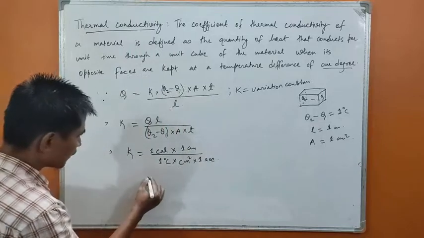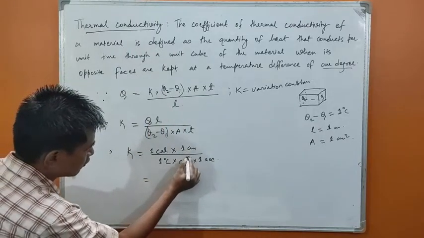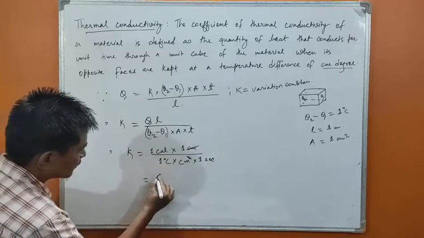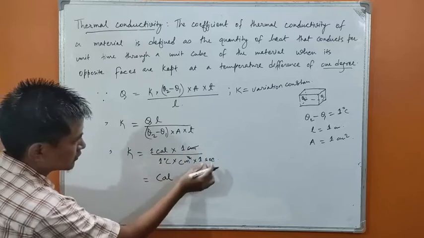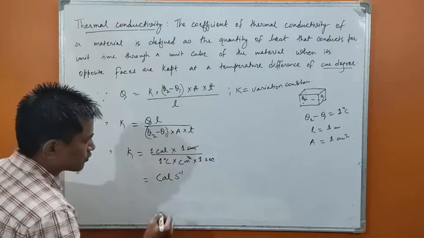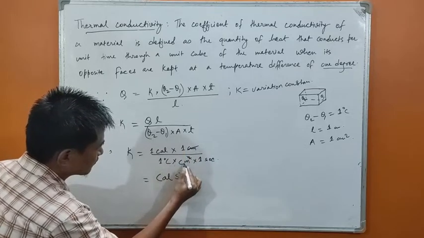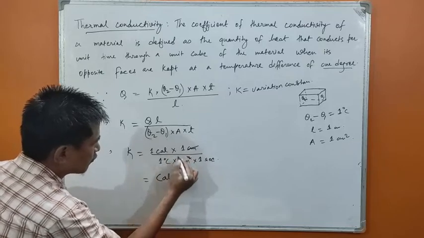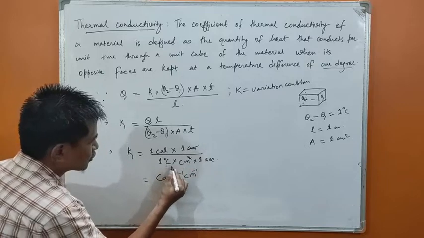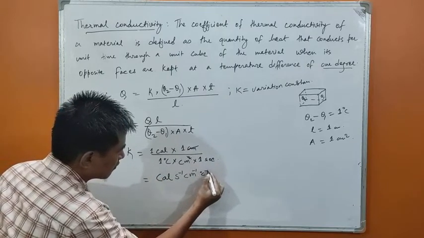So the unit of K comes like this. Centimeter square and centimeter get cancelled, calories remain in the numerator. Second becomes second to the power minus 1, centimeter becomes centimeter to the power minus 1, and degree Celsius becomes degree Celsius to the power minus 1.